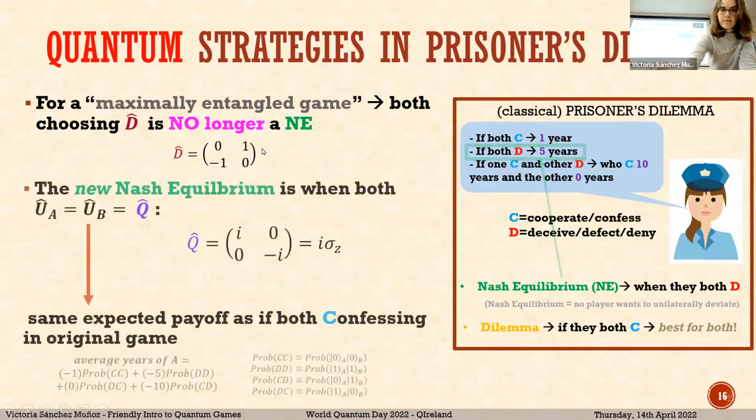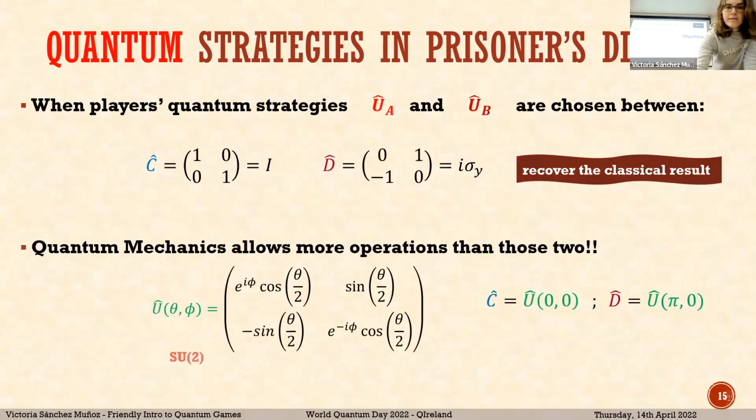Instead, we have a new Nash equilibrium, and this Nash equilibrium is achieved when they both perform this operation called Q. This Q is just a special case of this, picking the correct angles there.